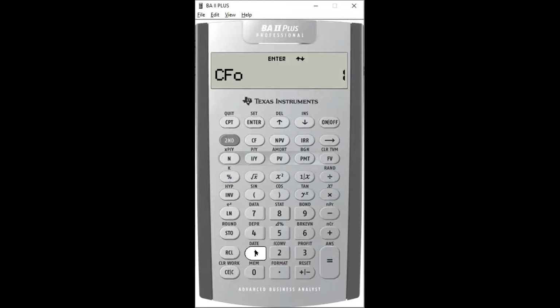The initial investment is negative 1,134.2. Then we have $90, with a frequency of 9. And the last one is 1,090, and we only have one. We press IRR compute. So IRR equals 7.08%.